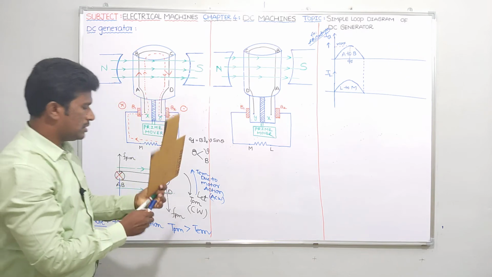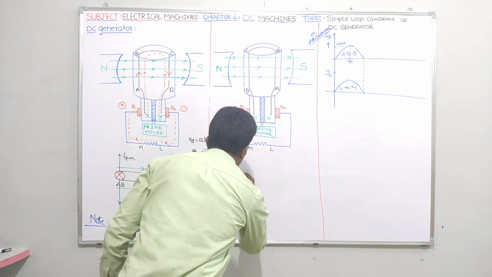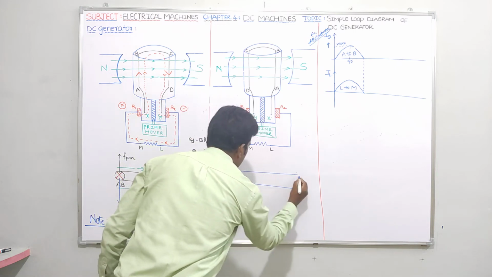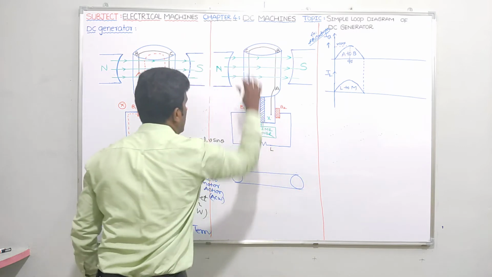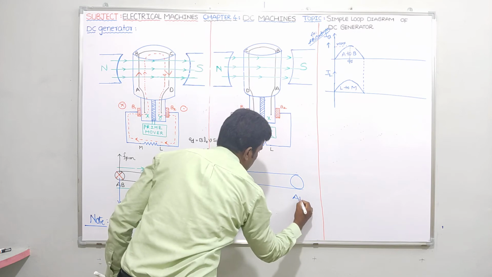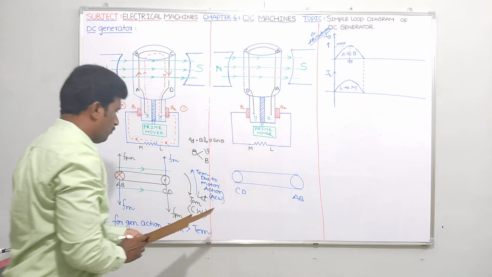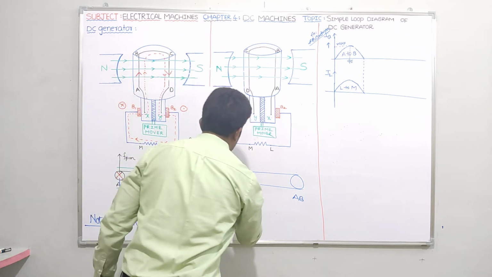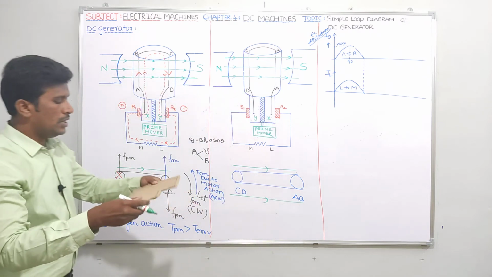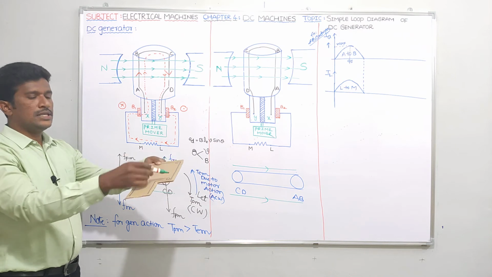Okay, so if you draw once again a CD conductor here, AB conductor here, and let me show flux lines going from the north pole surface towards the south pole surface like this. As I told you, initially AB is here, CD is here.